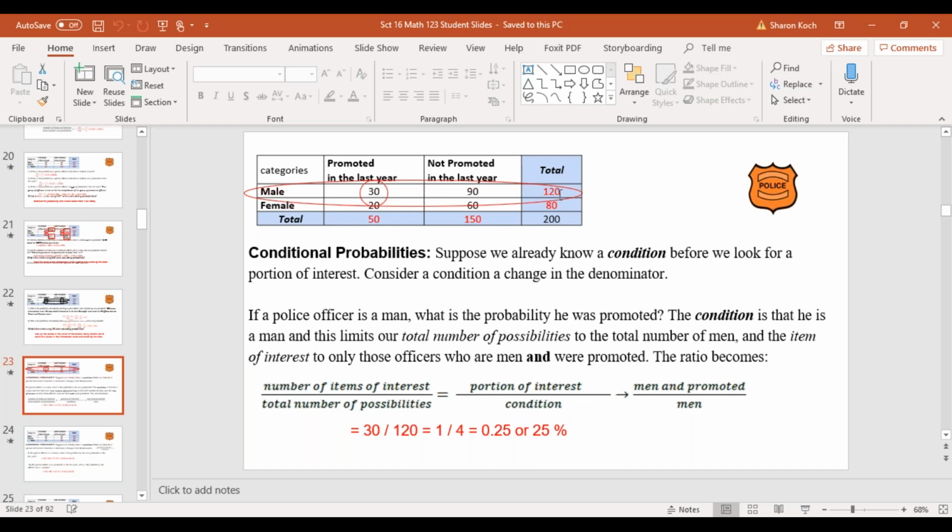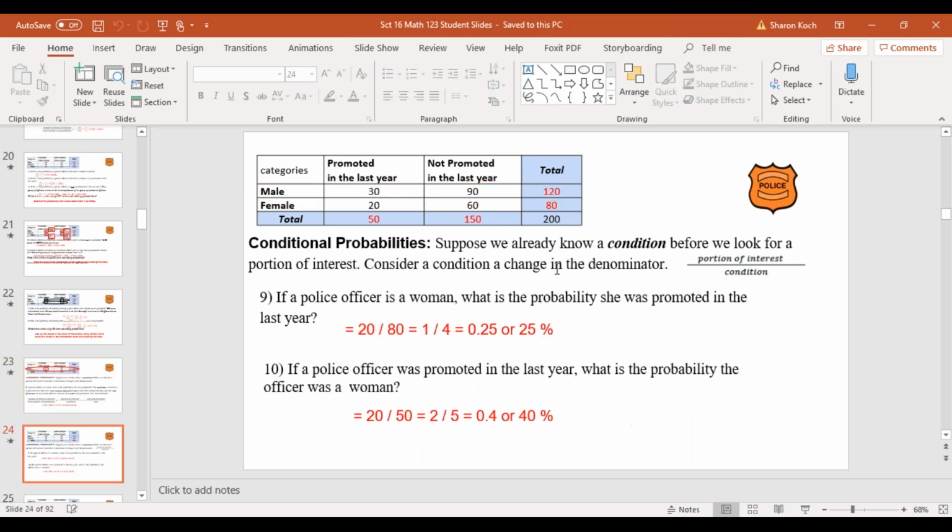That's going to be 120. That's the condition they want me to concentrate on. What is the probability he was promoted? In this case, 30 out of the 120 men were promoted, which means 25%.